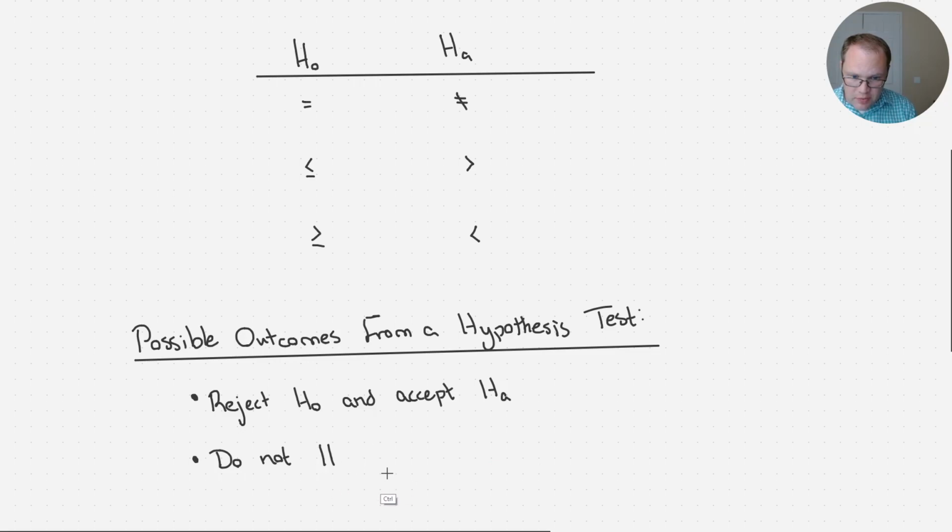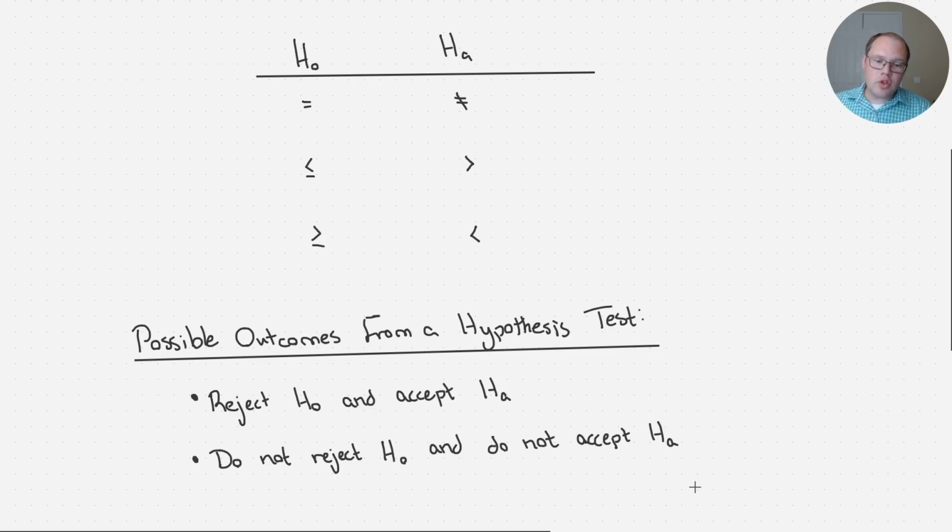These are the only two outcomes that can happen in a hypothesis test.